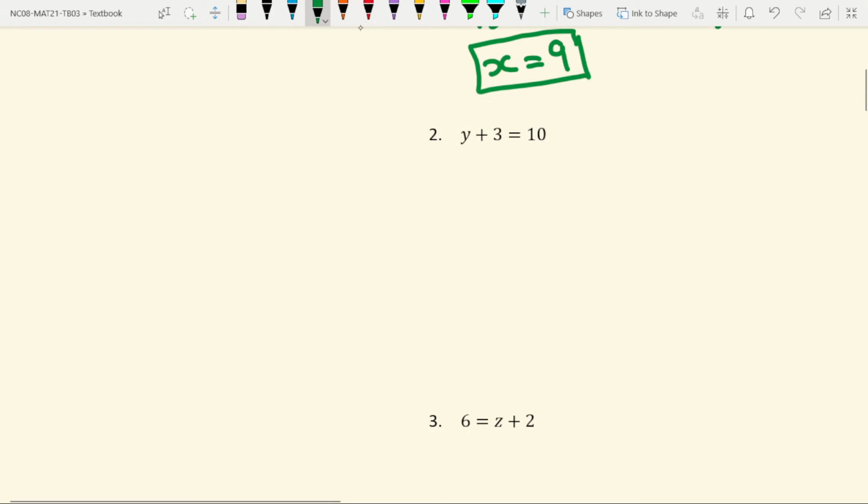The next equation is y plus 3 is equal to 10. First let us identify the unknown term. Is the unknown term in LHS or in RHS? The unknown term should be in LHS, and here they have already given the unknown term in LHS. So we write y plus 3 is equal to 10, which is already given.